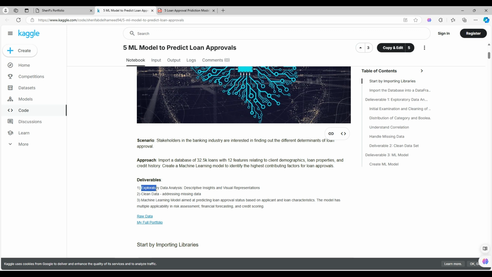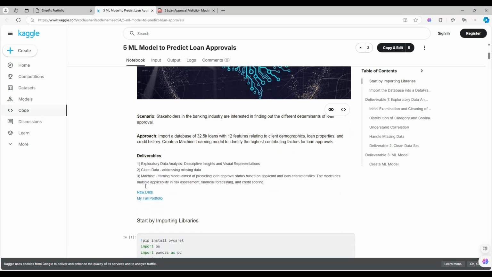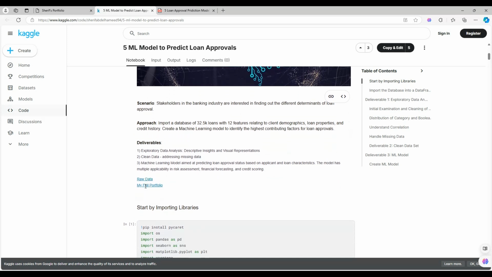Two of them are basically for myself, and the third is the deliverable that we will actually deliver to the stakeholders. The first is the exploratory data analysis, where we kind of want to see the insights and visual representations of the data. And then the clean data, which addresses any issues that we have with data. And then finally, the machine learning model itself.